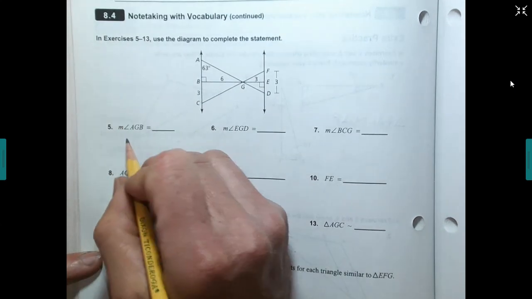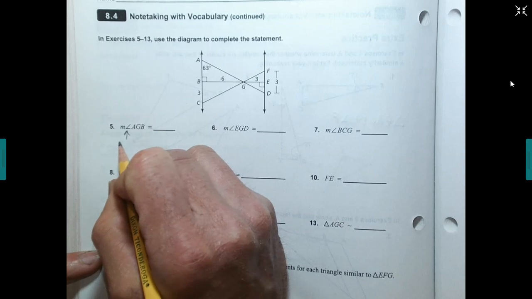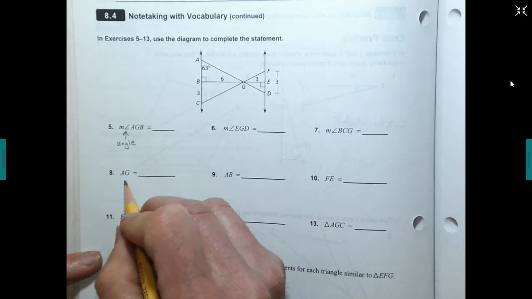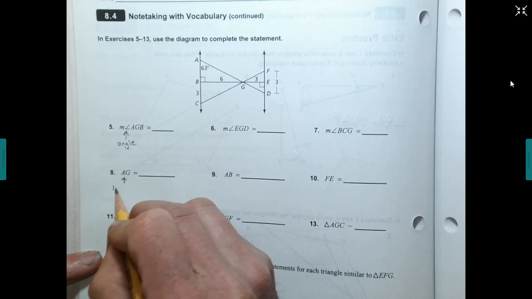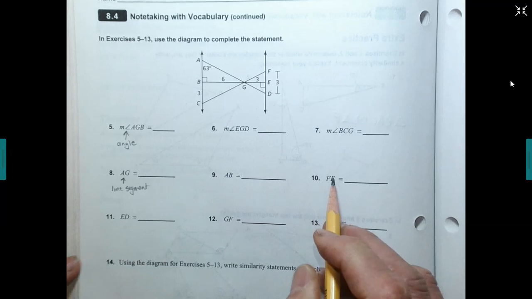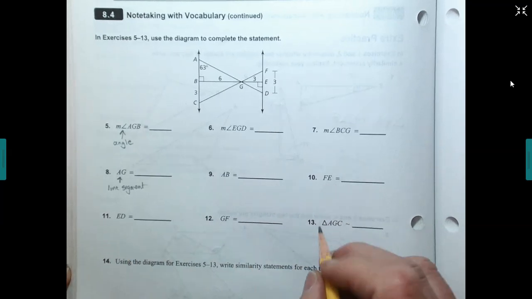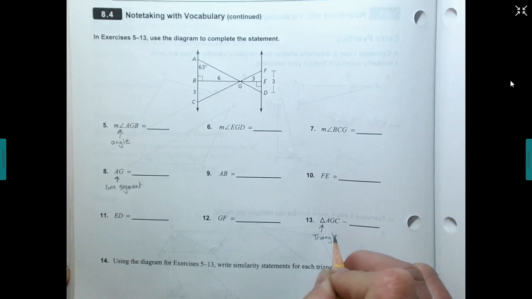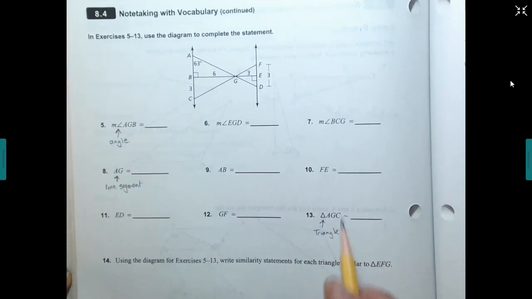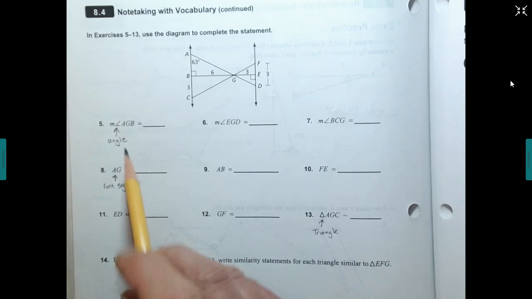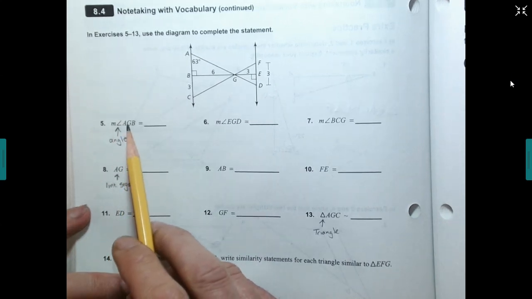So keep in mind, this is the measure of an angle. This is the measure of a line segment. And this is a triangle. So that's how those are labeled. Let's just do one. AGB.